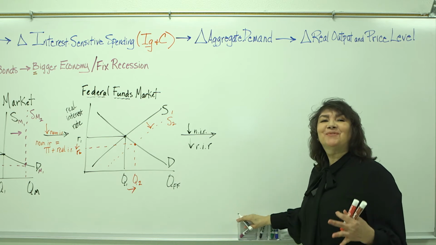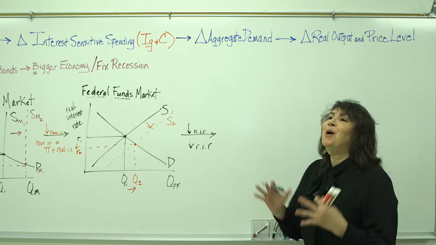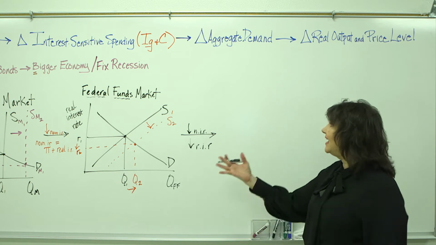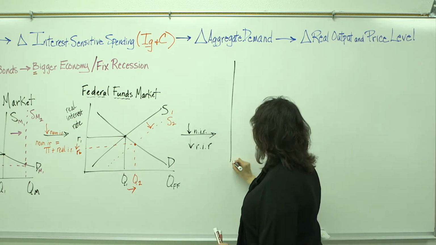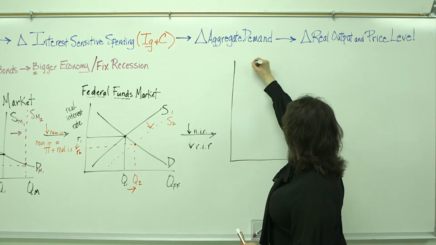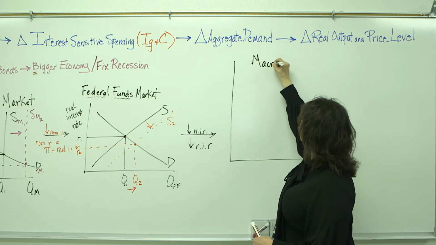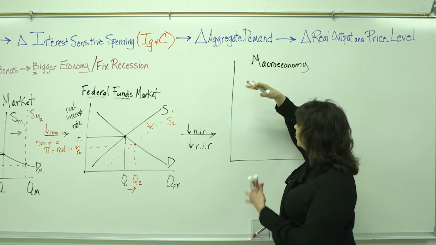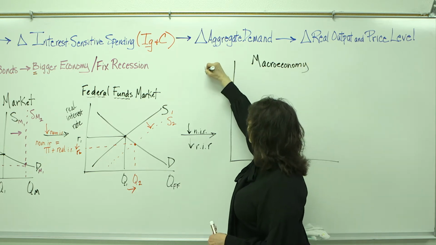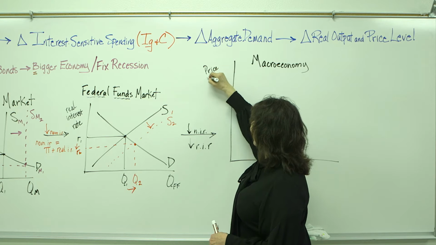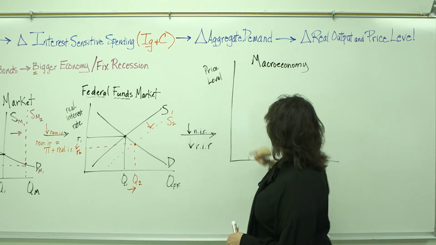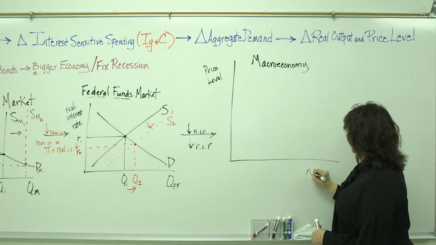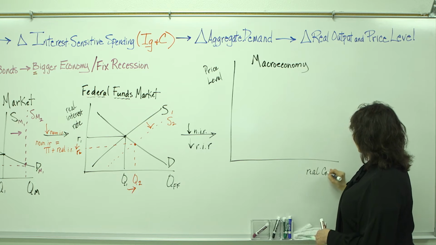IG, we're trying to incentivize IG to spend more. So now we're going to go to the macroeconomy. Remember, this could be the name of a country, or it could just be nation, or you can put macroeconomy. So now we have to switch to price level to capture all the prices in the economy. This, of course, is real GDP.